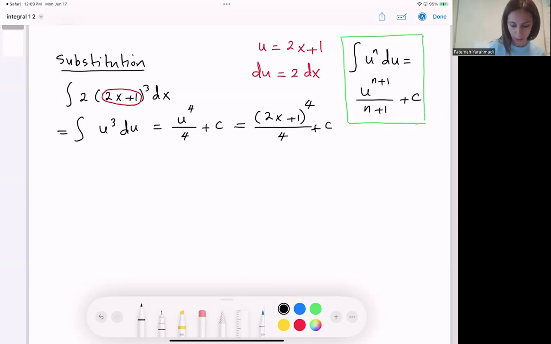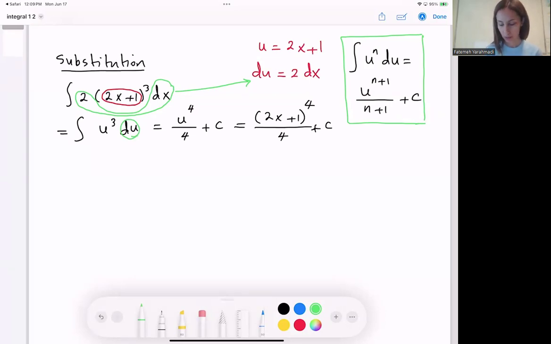As you can see here, 2 and dx, this is your du. So wherever you see 2 dx, you're going to use du instead.